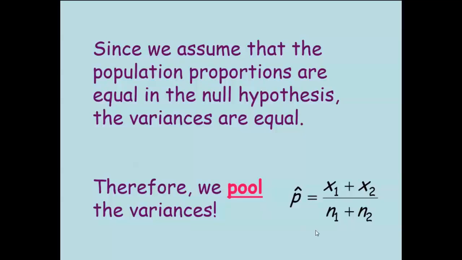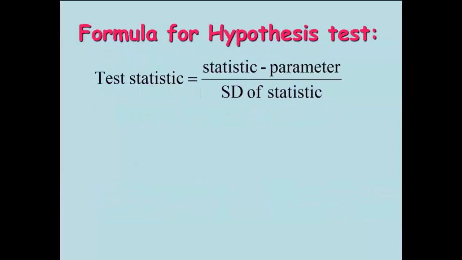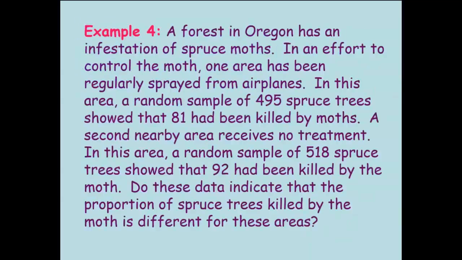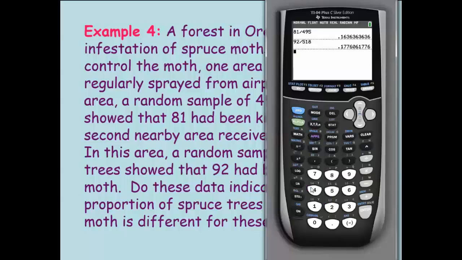Okay, so pool the variance. We want to add the positives and divide by the total sample. So if I add up the 81 and the 92, and then divide that by the total sample, the 495 plus the 518, and then close that.